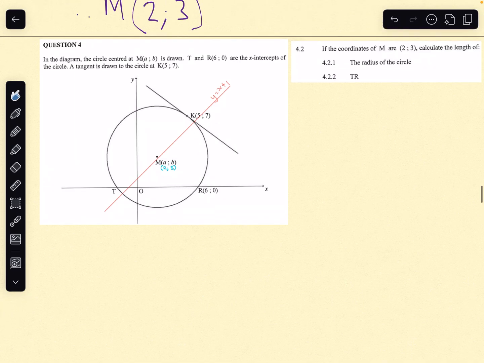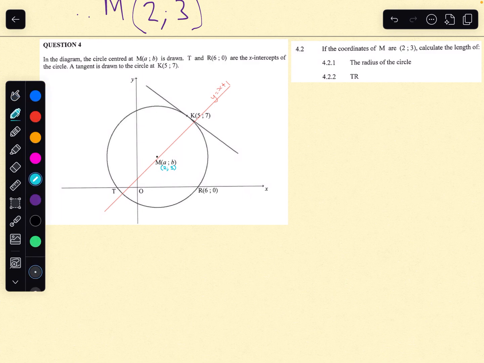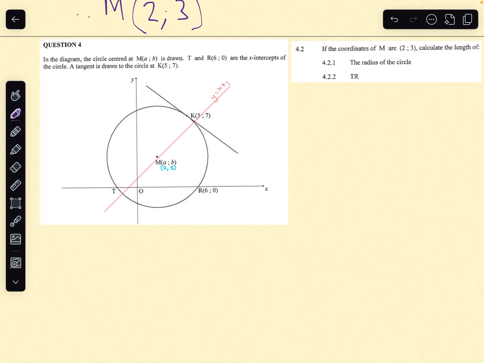Next question. If the coordinates of m are 2 and 3, calculate the length of the radius of the circle. So obviously we can either calculate the length of mk or the length of mr. We should get the same answer with either.